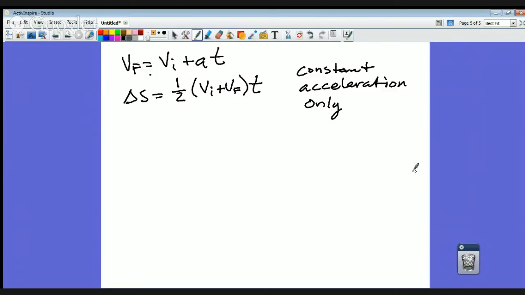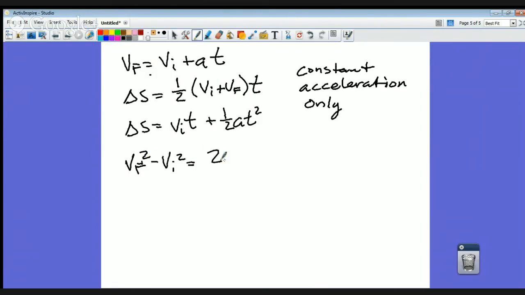So we also had delta S is equal to VI T plus 1/2 A T squared, and VF squared minus VI squared is equal to 2 A delta S.